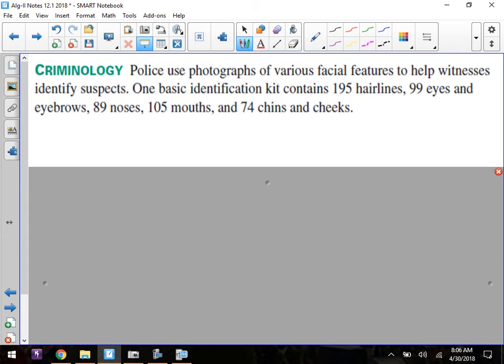Well, we happen to have 195 different hairlines, 99 different eyes, because somebody might only have one. It's a joke, because I guess it's sets of eyes. Eyes and eyebrows. 89 different noses, 105 different mouths, 74 chins and cheeks.